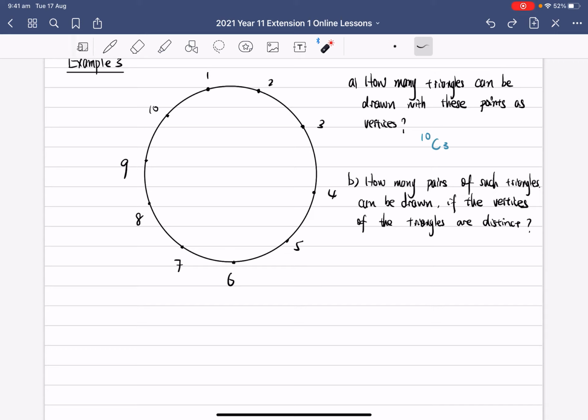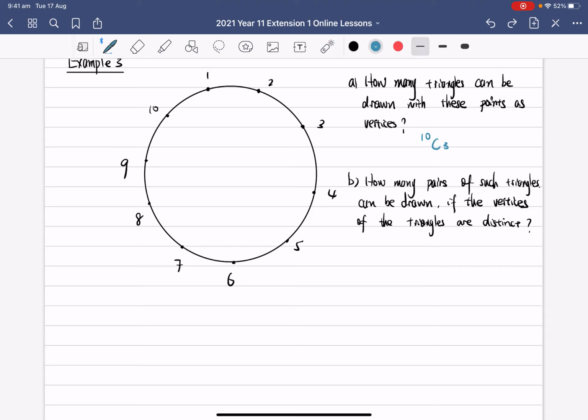We need to form 2 triangles this time. If there's no restriction and I want to form 2 triangles, how many points do we need? Think about it. I guess we need to choose 6 points, right? So we need to choose 6 points out of 10. That's the first thing we think about.